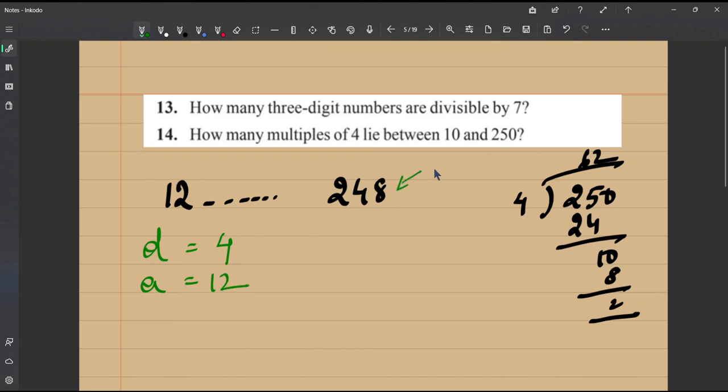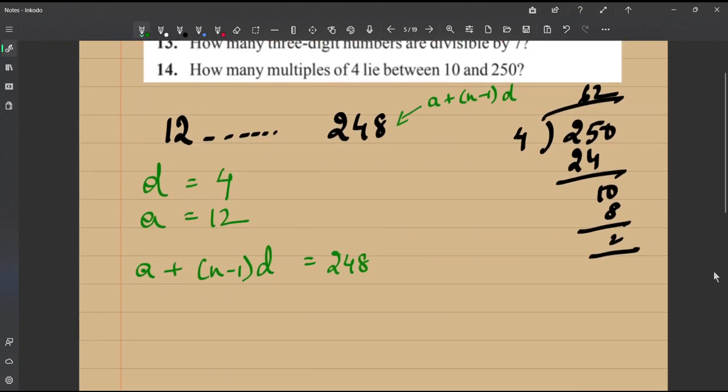The last term is represented by a plus (n minus 1)d. So, equating it to 248, we can arrive at the value of n. Let me do it quickly. I think you can pause the video and do it on your own also. So, a is 12 plus (n minus 1) into 4 is 248.